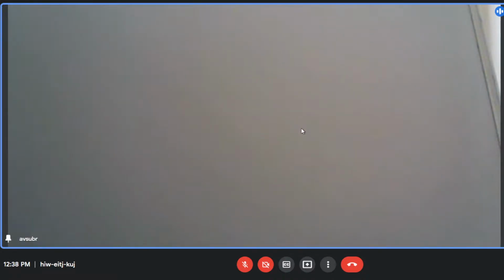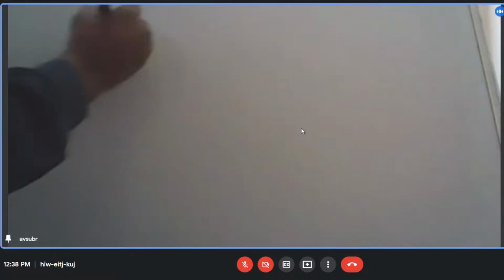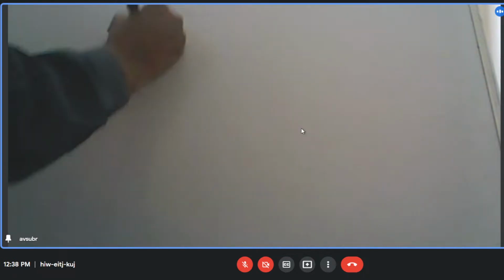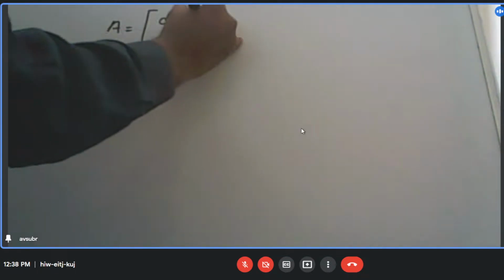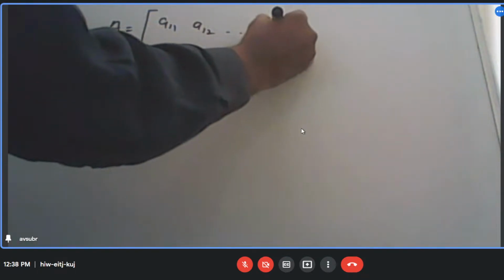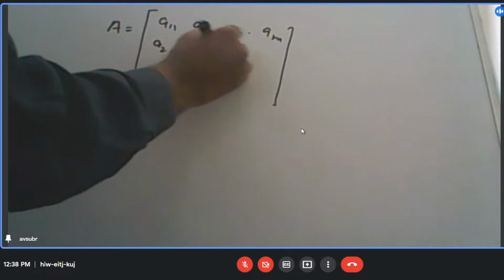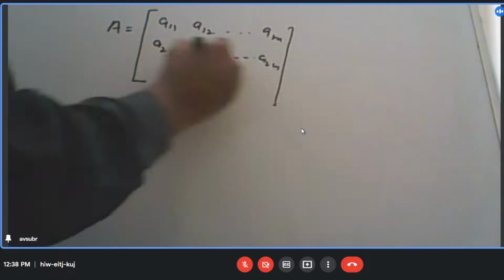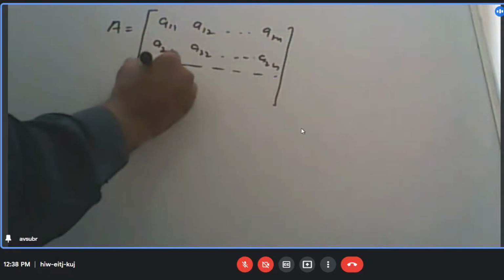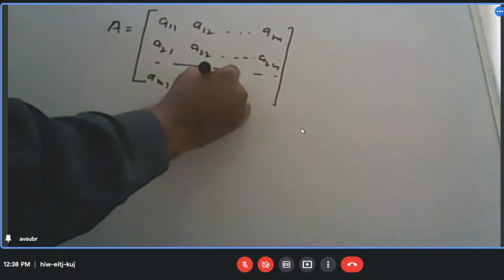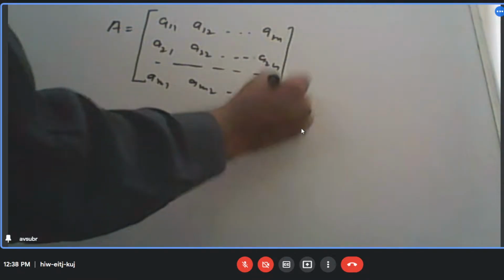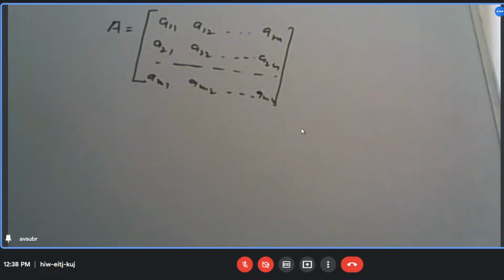We can write down a matrix A. Matrix A is a11, a12, a1n, a21, a22, like that, a2n, and so on and so forth. So the last row will be am1, am2, amn. Okay?